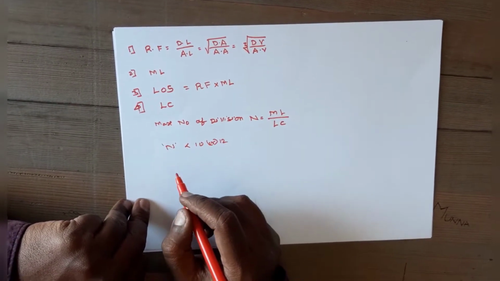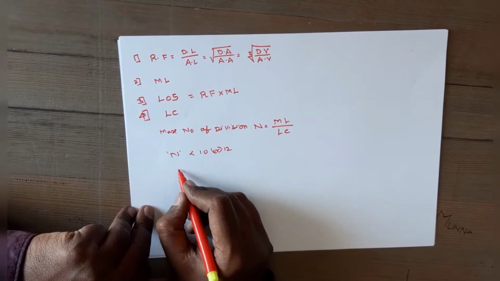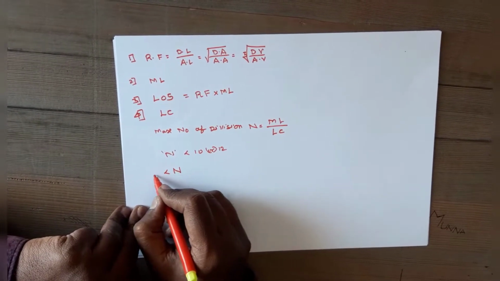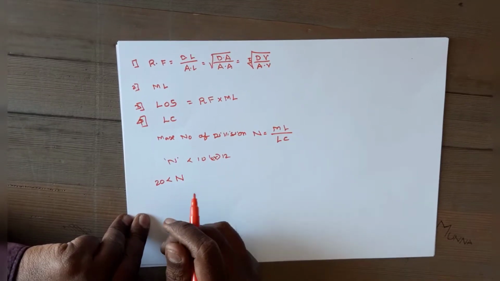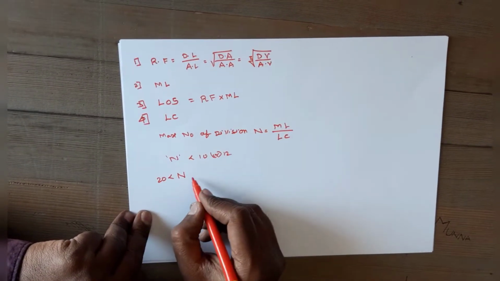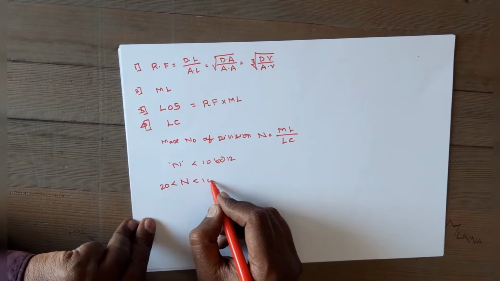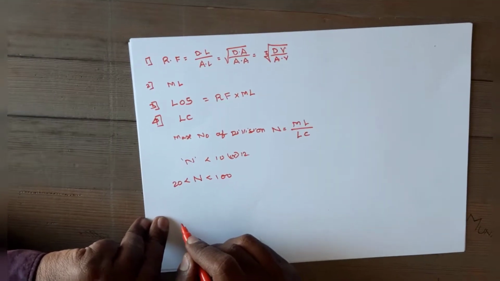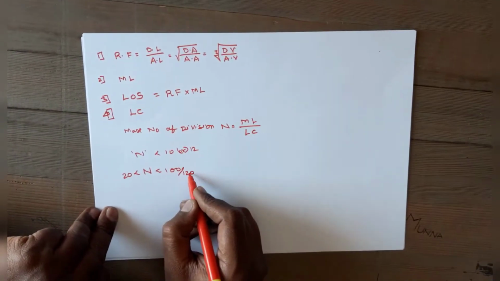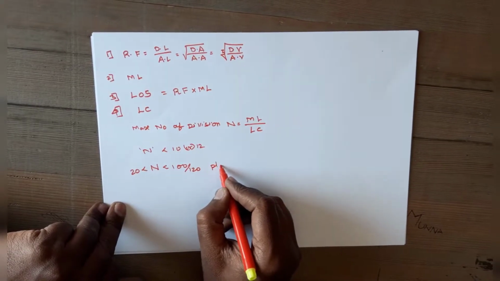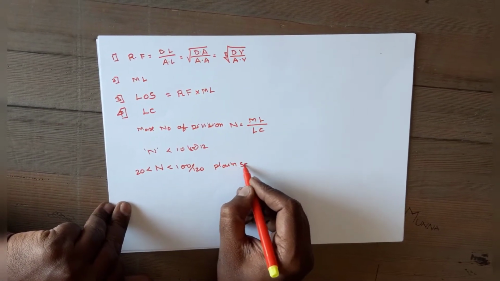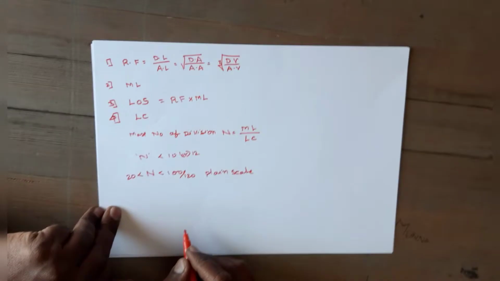If this N value is less than 10 or sometimes 12 also, we will go ahead with the acute angle line method. If N value is greater than 20, because dividing a line into 20 is not that good, and if it is less than 100 or 150 or 120, we can go ahead with plane scale.